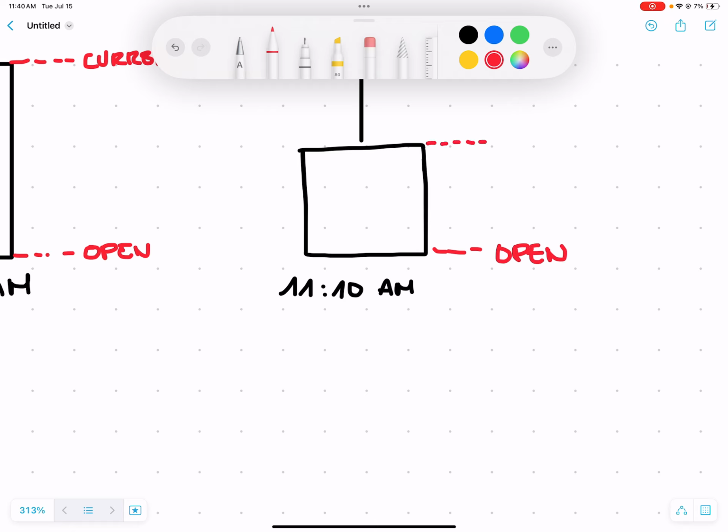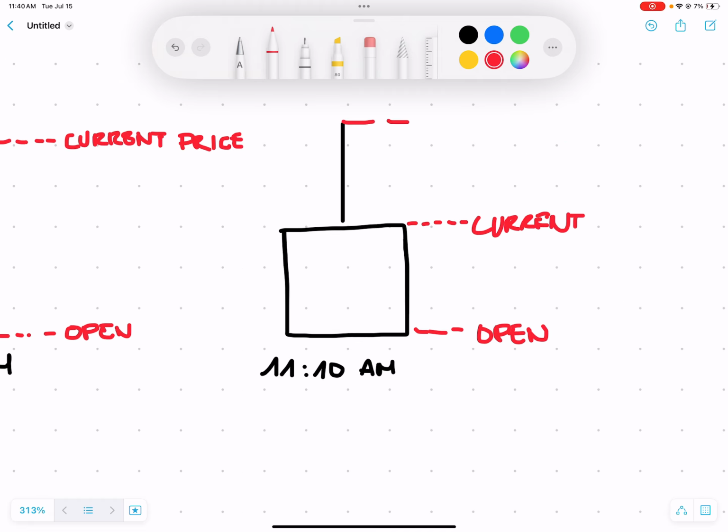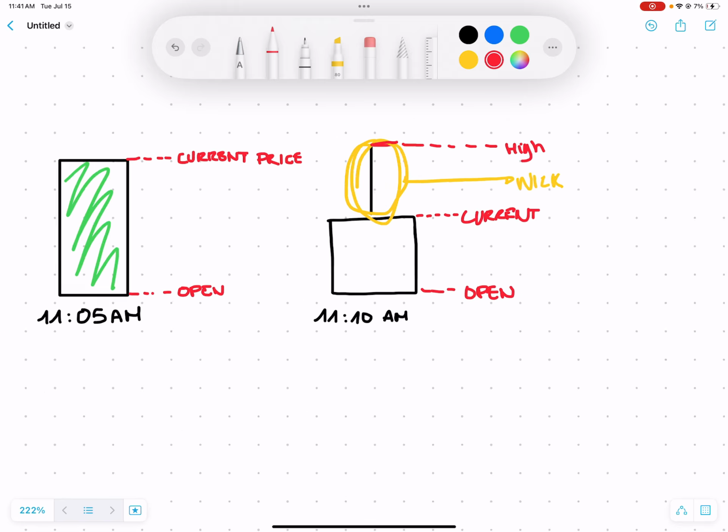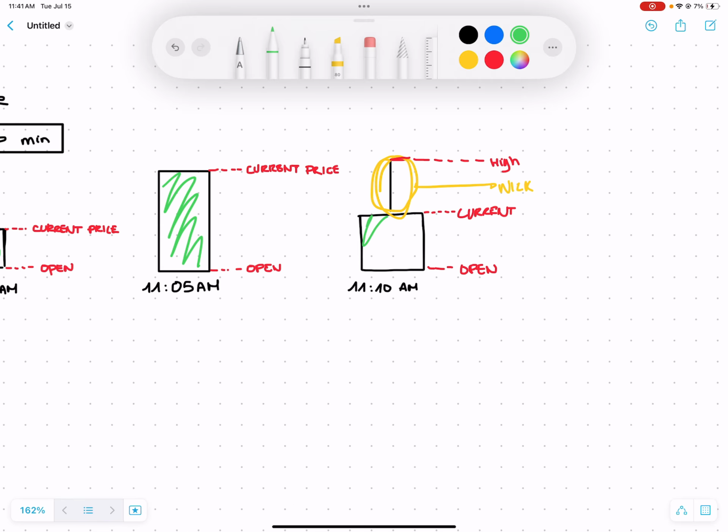And this is the current price. We'll just write current. And now you have this wick. So this little thing right here is called a wick. And what this shows at the very top is a high. So this is the highest point this specific candlestick has reached throughout time. This is the highest price that this candlestick has reached.